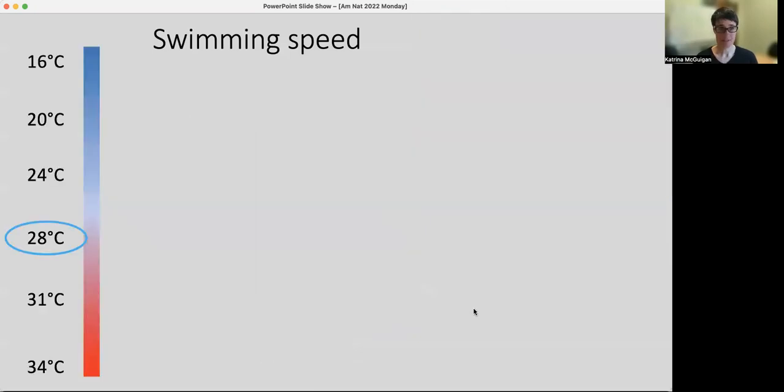The final aspect of the experiment design that I need you to know about is the environmental context. And so we assayed these fish over 6 different temperatures, from 16 degrees to 31 degrees, where 28 degrees is the temperature that they have been maintained at in culture for the history of their domestication.